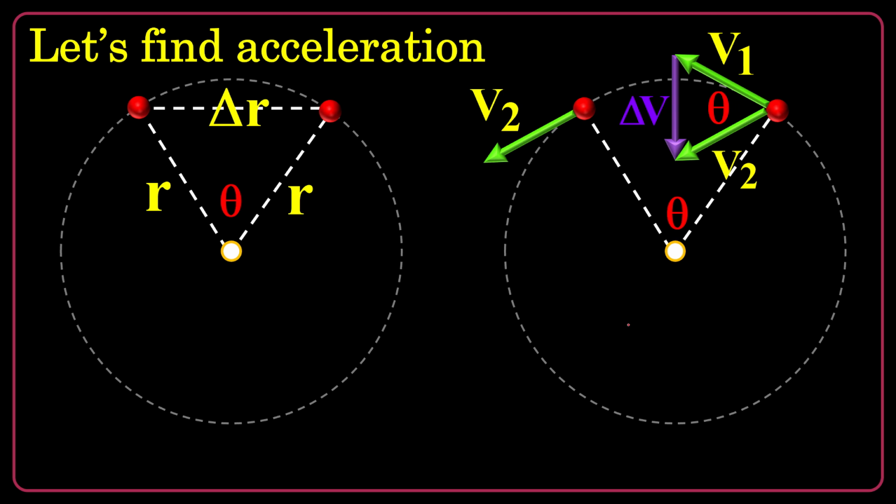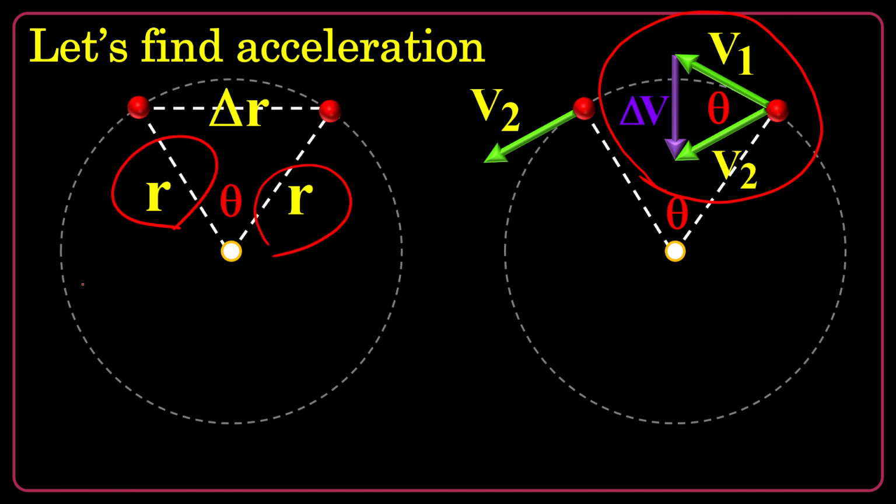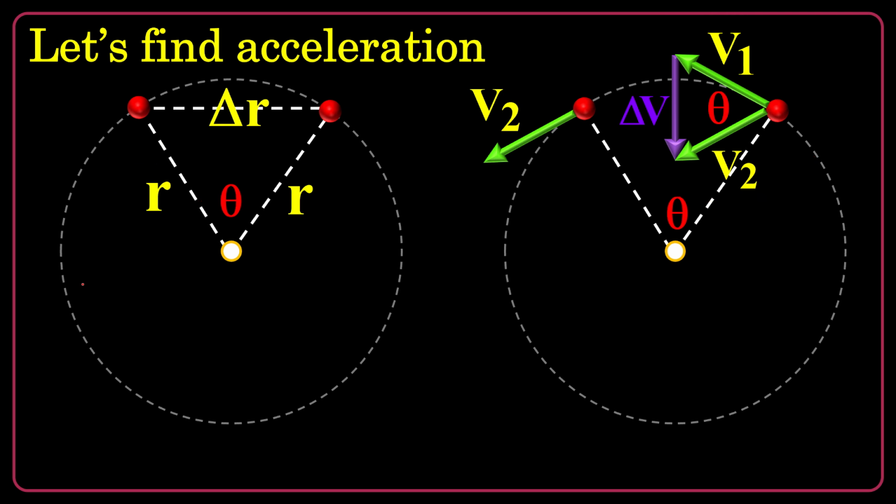Why? Because here v2 is normal to the radius, and v1 also is perpendicular to the radius. So v1 and v2, the legs of this isosceles triangle, one to one, are normal to r and r. So they will make the same angle, theta.